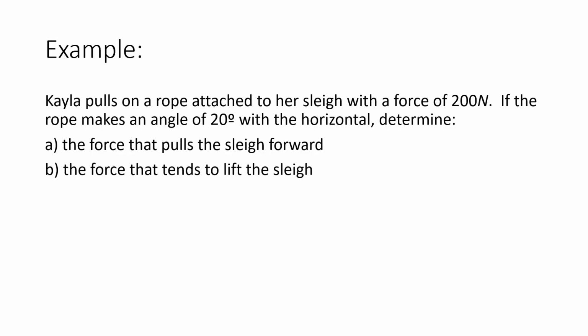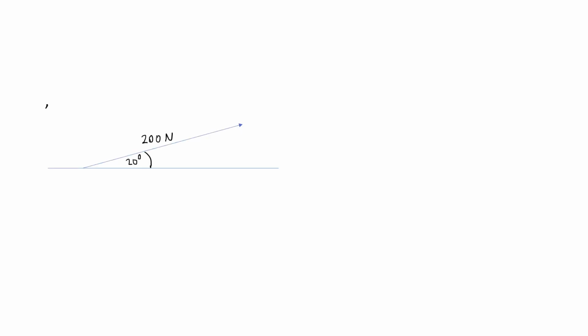And so now let's do a question where we begin using these concepts. Imagine Kayla's pulling on a rope attached to her sleigh with a force of 200 newtons, and the rope makes an angle of 20 degrees with the horizontal. We want to know the force that pulls the sleigh forward. That would be the horizontal component, and we want to know the force tending to lift the sleigh. That'll be the vertical component. So we can start with the horizontal ground along the bottom and that 200 Newton force going 20 degrees to the horizontal.